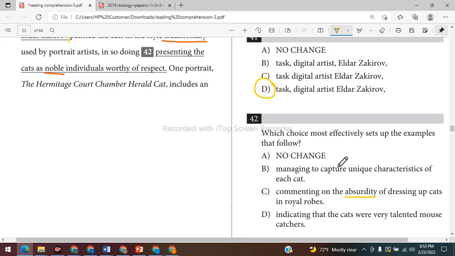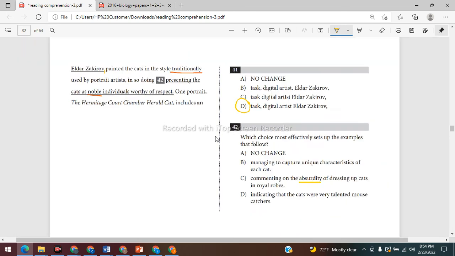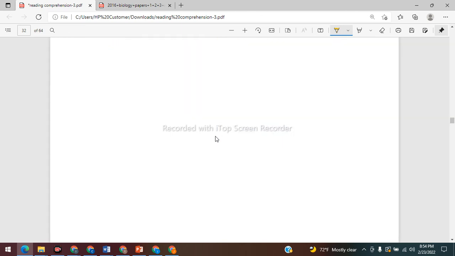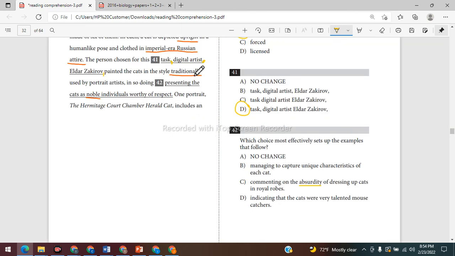This is 42. He painted the cats in royal robes. Did he paint them in royal robes to present them as noble individuals worthy of respect, A? Or to capture the unique characteristics of each cat?